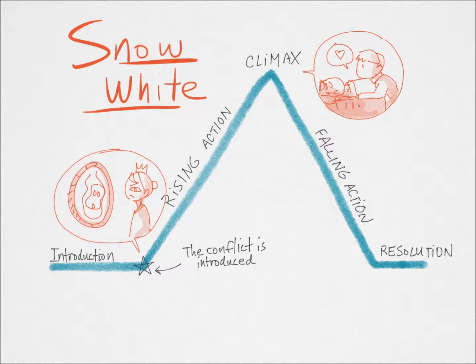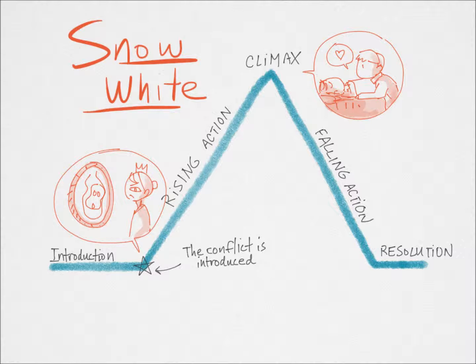So the conflict was person versus person, so it was Snow White against her evil stepmother. Now, in the climax, it looks like Snow White is defeated by her stepmother because she's asleep. She's poisoned by the apple, right? So the climax is where the prince is going to kiss Snow White and bring her back from her coma or her sleep.